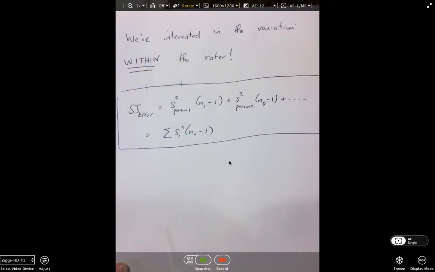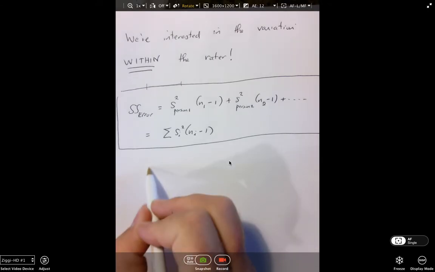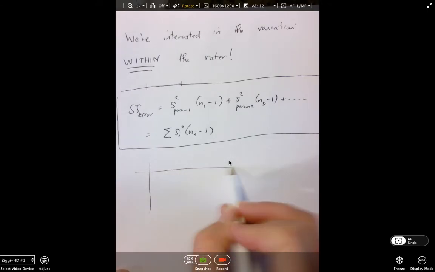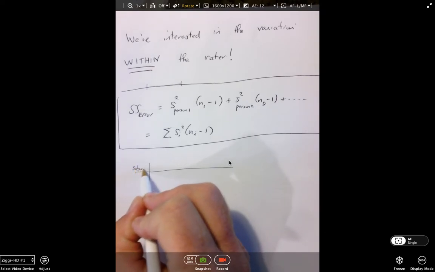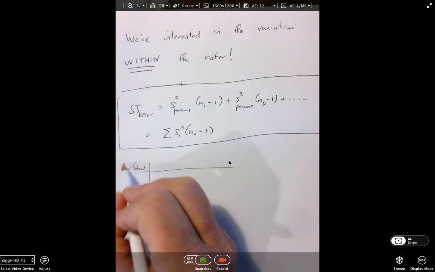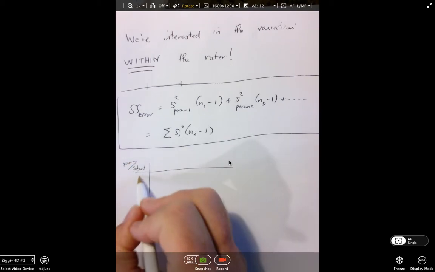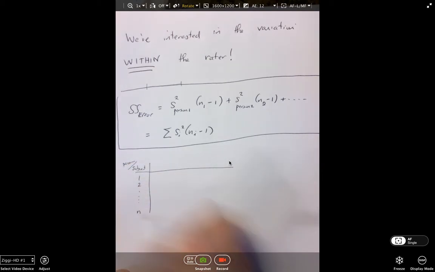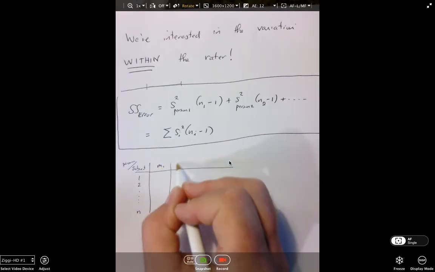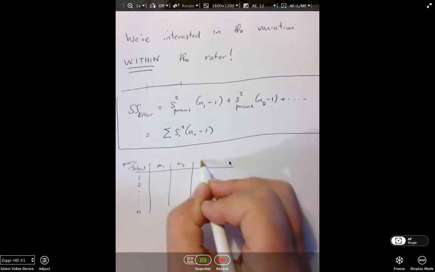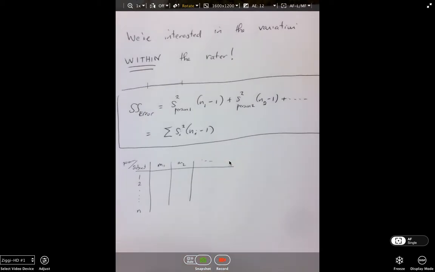Typically, what will happen in a repeated measures ANOVA is you're going to have a subject or a person, however many we may have, and we're going to take a measurement 1 and a measurement 2, and you guys are pros at this by now. So many measurements over the length of our experiment.